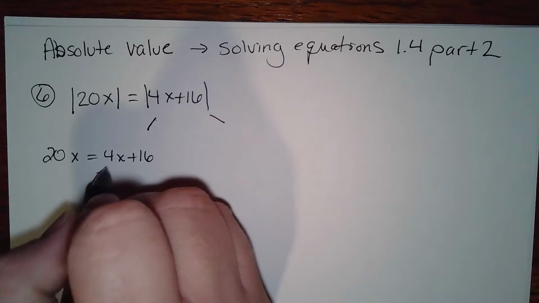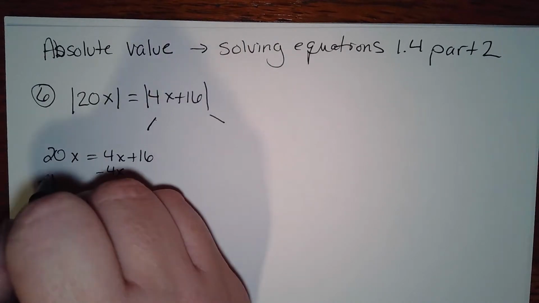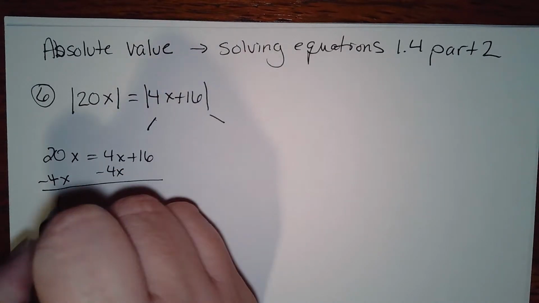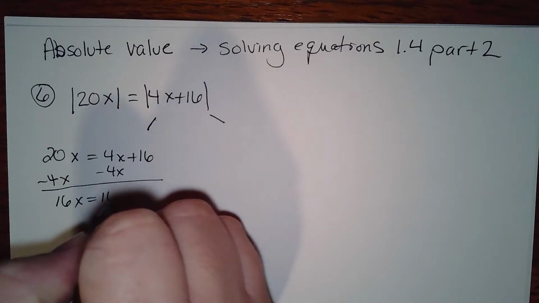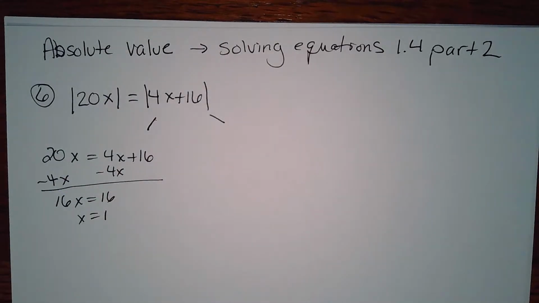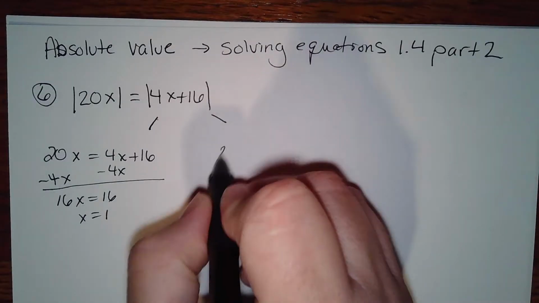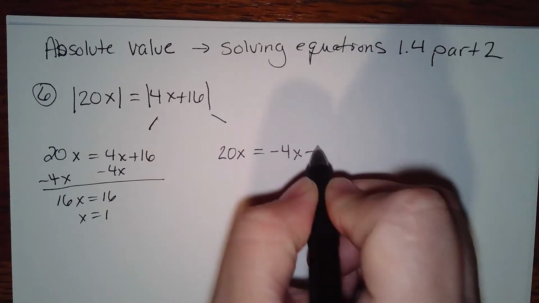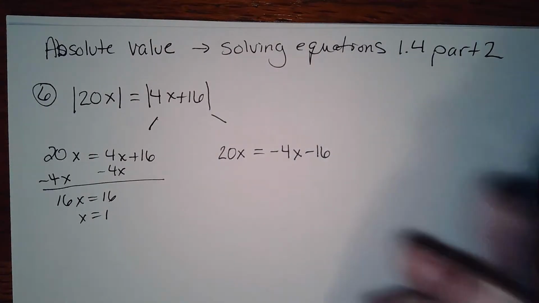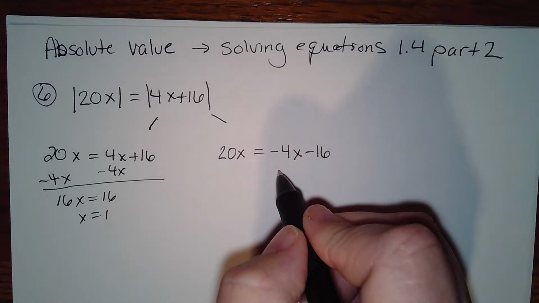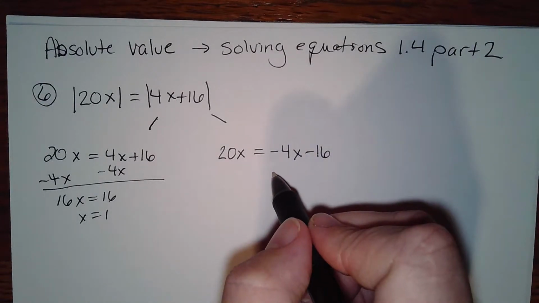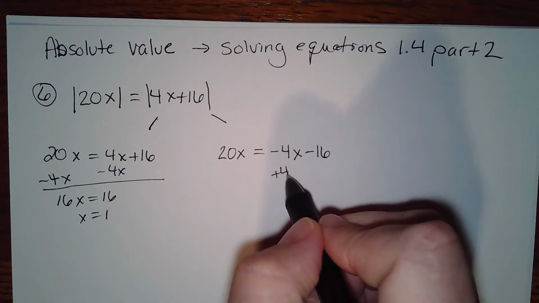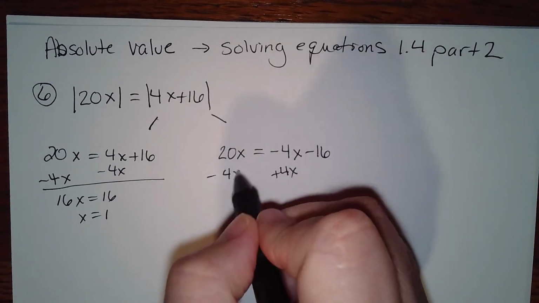Subtract the 4x across, and you get 16x equals 16, so x equals 1. Okay, now the second one. The second one is going to be 20x equals negative 4x minus 16. For this particular one, I am going to add 4x across.